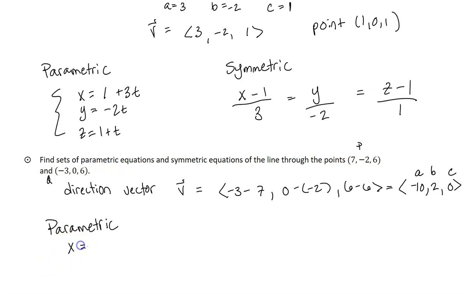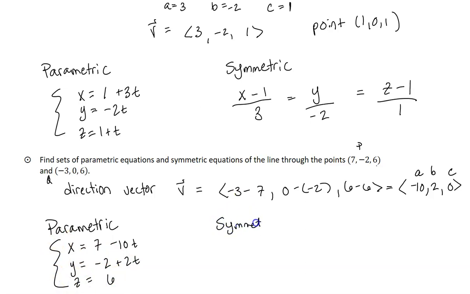It's just going to look a little different, but it will represent the same line. I'll use P, so this will be my x1, y1, z1. So we'll have x equals 7 minus 10t, y equals negative 2 plus 2t, and z equals 6 plus 0t. So that will be my parametric equations.